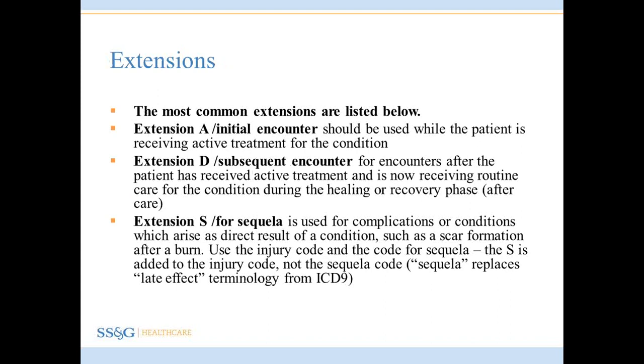That is a 4-digit code when you look at the category, and then it is broken down into subcategories: unspecified fracture of upper end of right ulna, a code for unspecified fracture of upper end of left ulna, and another code for unspecified fracture of upper end of unspecified ulna.